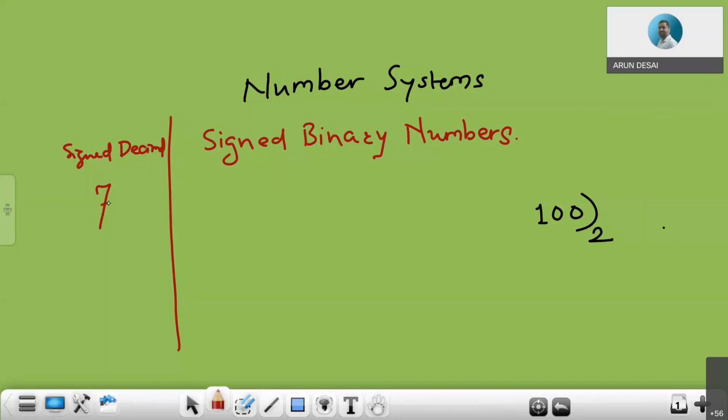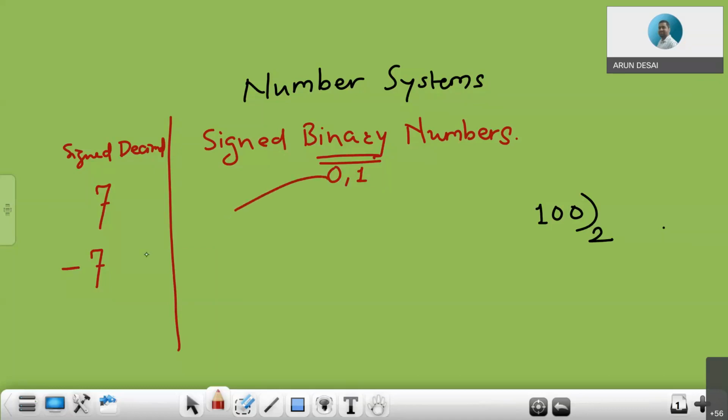And if that number is negative, then you write a negative sign in front of that number, right? In case of binary, since binary numbers have only two symbols, 0 and 1, how is it represented?